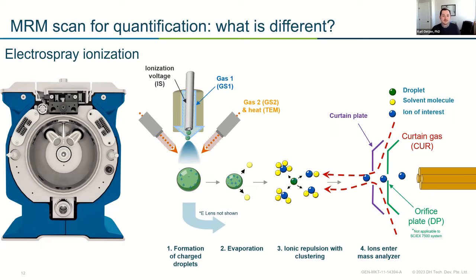So let's pretend we're doing electrospray ionization, which probably 95% of us are most of the time. The ion spray voltage, the temperature, those compound dependent parameters that you have to set are all going to be relatively the same. And things like declustering potential, that energy that we're using to pull the ions of interest into our mass spec, again, it's going to be the same. Those are more dependent on the compound, flow conditions, et cetera.